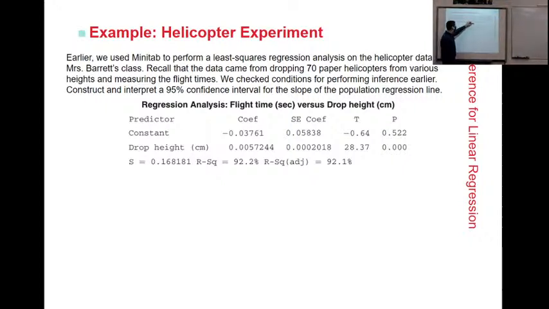Notice how one of the columns here is the standard error of the coefficient. And so the standard error coefficient is here for my slope. We're going to be doing this confidence interval to get an estimate for the slope of the regression line.